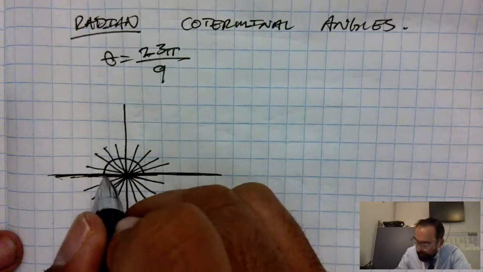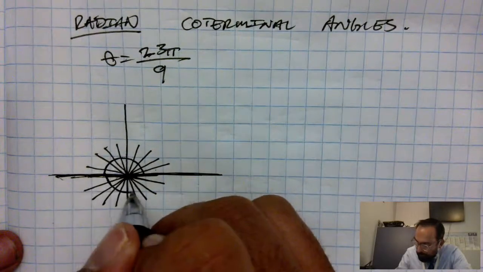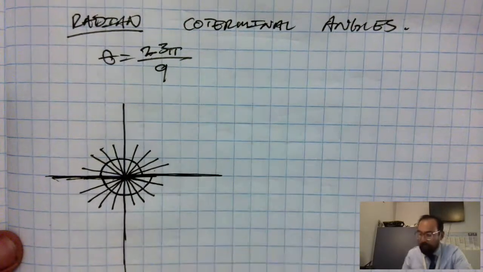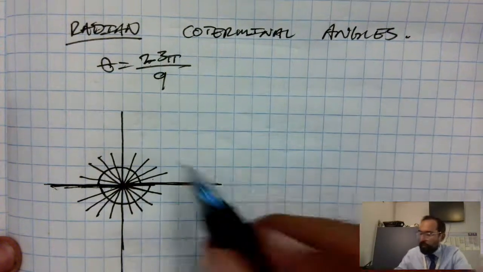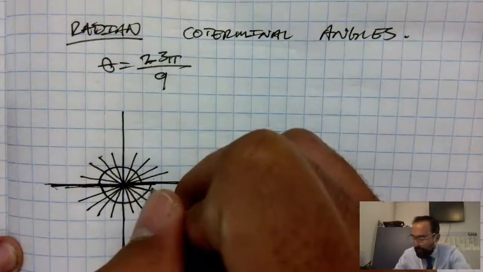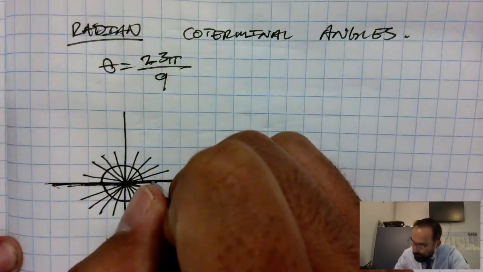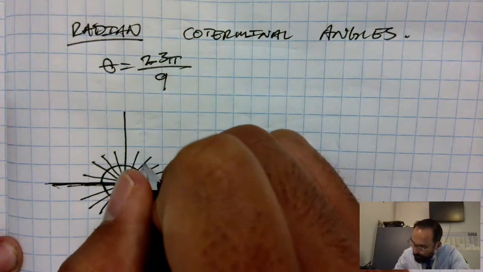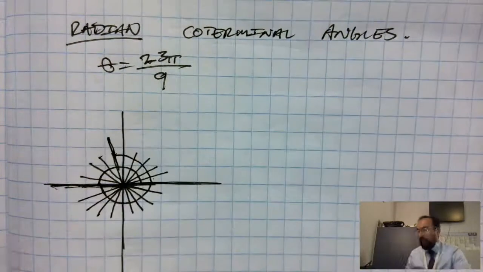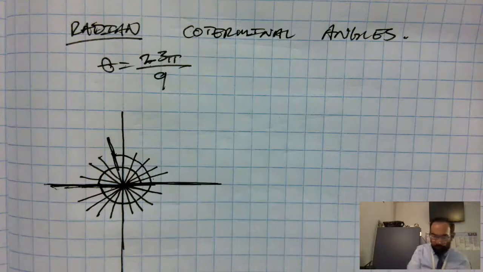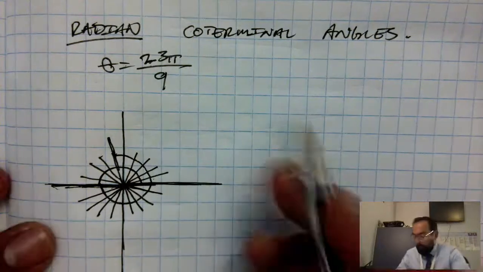And I know another 9 is going to give me 18. That's 18 right there. And I need to figure out how many more I need to get to 23. And that is 5 more of these sections. So I'm going to stop at 1, 2, 3, 4, and 5. So that is the angle 23 pi over 9. That's the sketch of it.